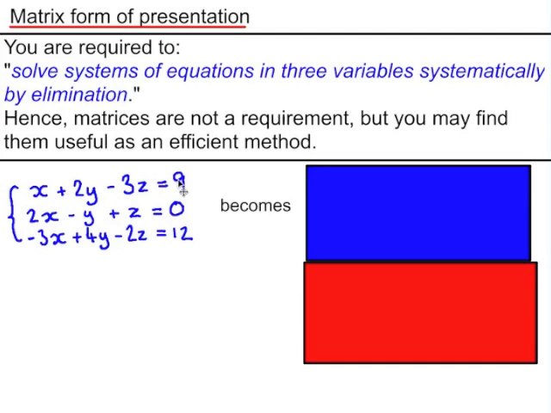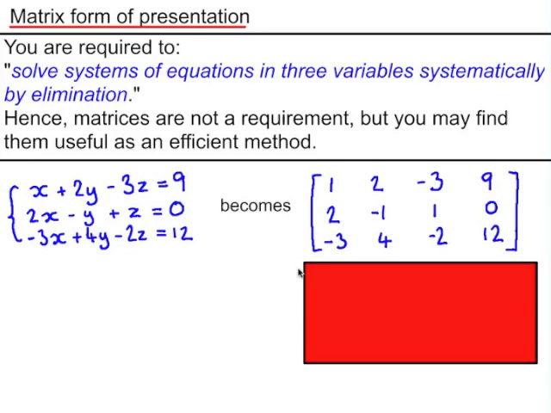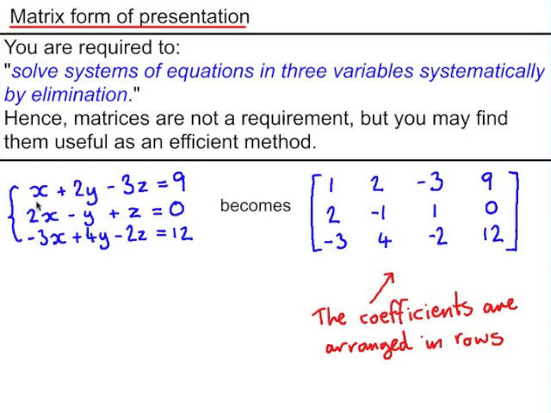Here we have three equations with three unknowns, x, y and z. In matrix form, it looks like this. Long square brackets, and notice that we record the coefficients in rows. The first column is the coefficient of x, then the coefficients of y, then the coefficients of z, and then the fourth is the right-hand side of the equation.